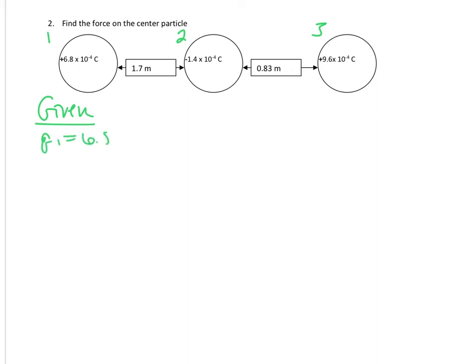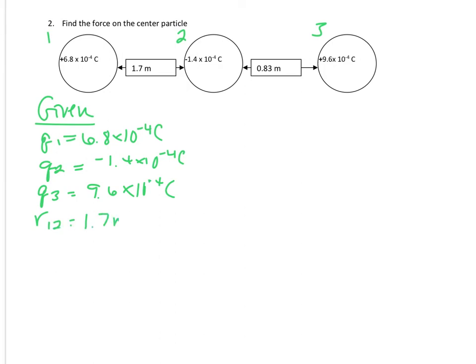Q1 is 6.8 times 10 to the negative 4th coulombs. Q2 is negative 1.4 times 10 to the negative 4th coulombs. Q3 is 9.6 times 10 to the negative 4th coulombs.